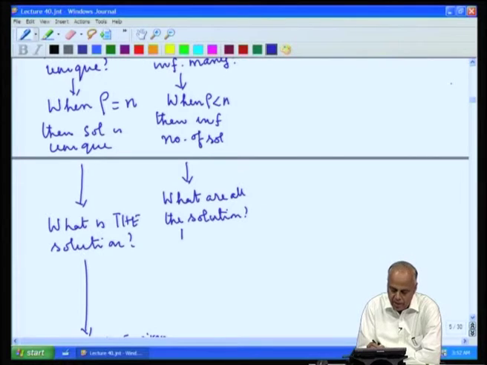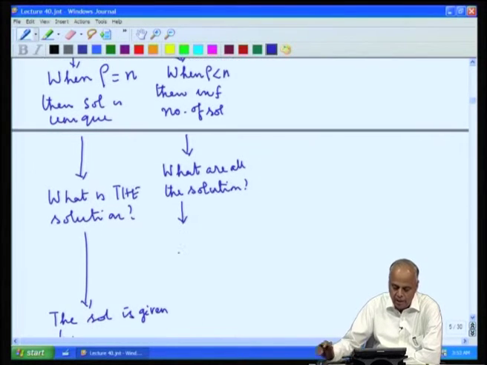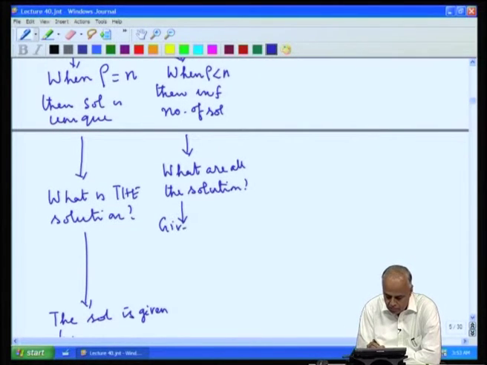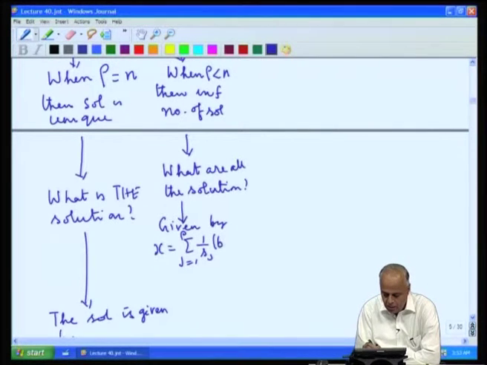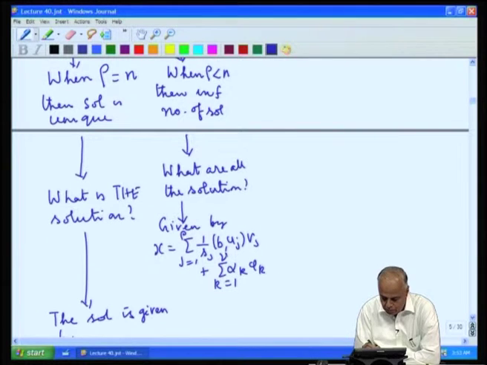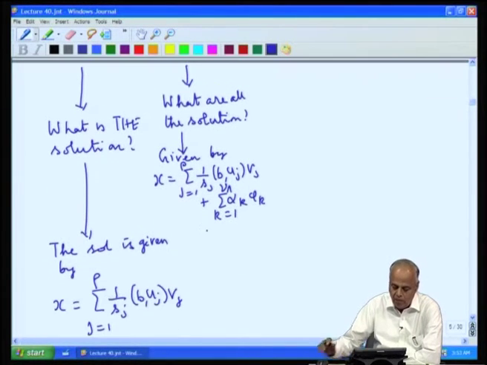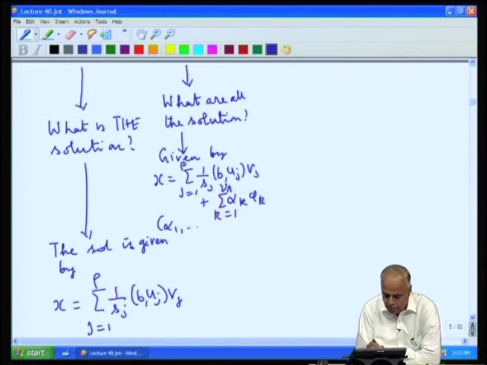And now we know the answer, that they are all given by x equal to summation j equal to 1 to rho, 1 by S j b u j v j, plus summation alpha k phi k, k equal to 1 to nu A, where alpha 1, alpha 2, alpha k are arbitrary.